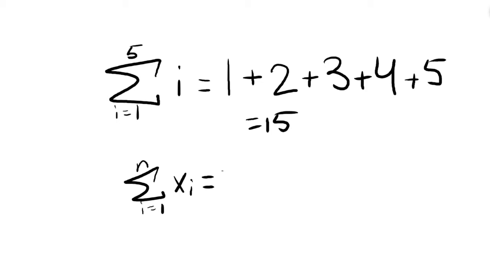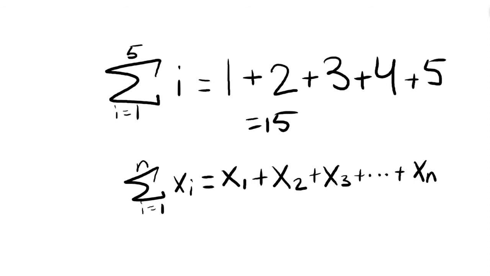So the first step will be x1 plus x2 plus x3 plus and so on till we get to the last one. And this n could be any number. It could be 5 or it could be 1,000. We have xn at the last step.